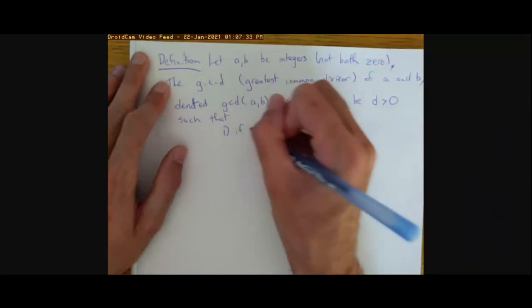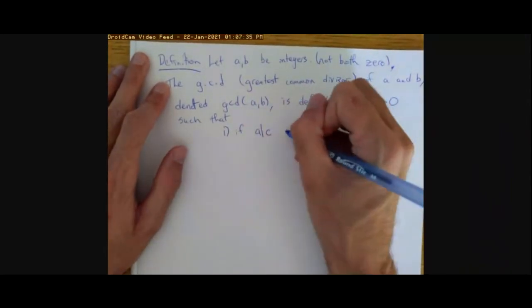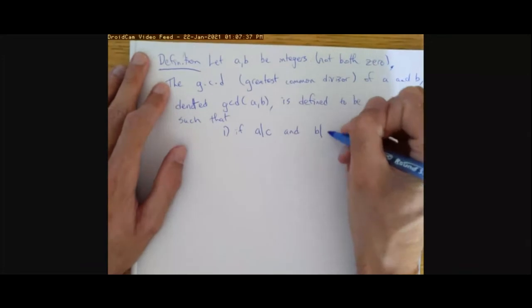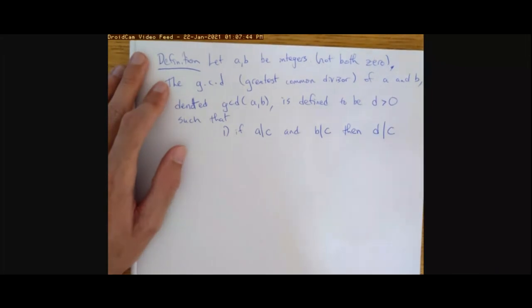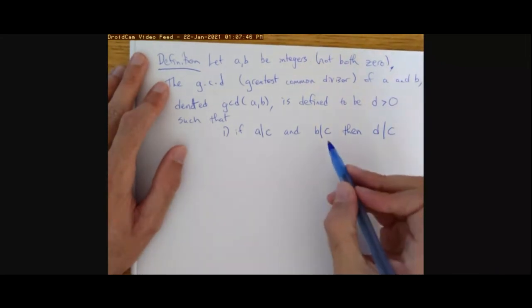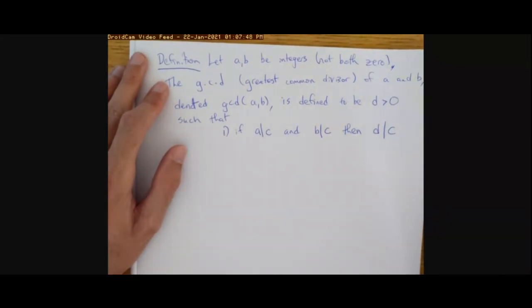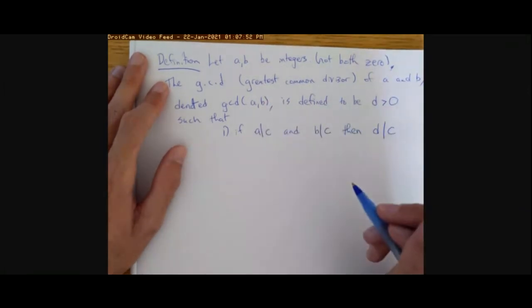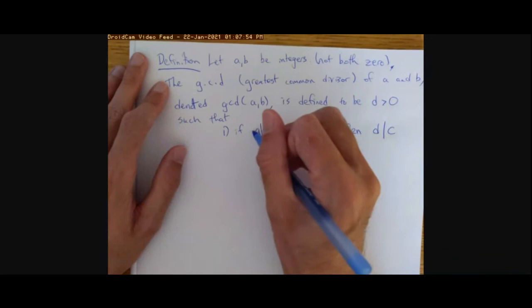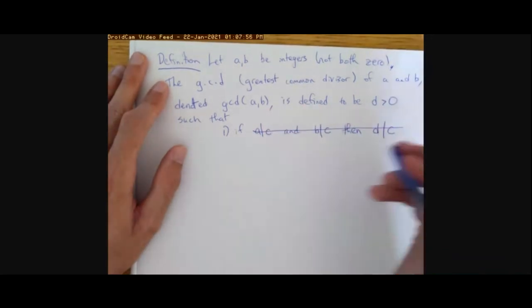1, if A divides C and B divides C, then D divides C. So that means, oh, sorry, no, I'm talking about the least common multiple here.